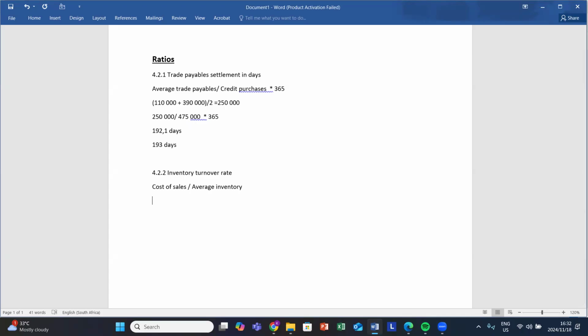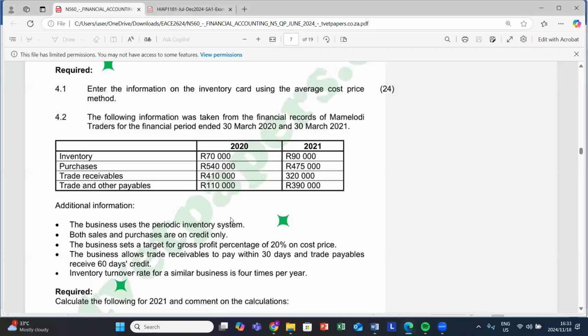I said that in accounting, for you to get your average amount, you say opening plus closing, multiplied by half or divided by 2. So for us to get our average inventory, let's check our opening inventory. Our opening inventory is how much? It's 70,000 rand.